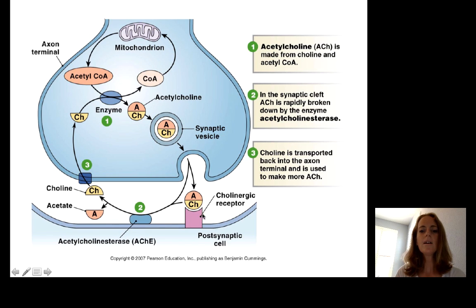This is a visual of the enzymes involved in the acetylcholine recycling. So here's acetyl-CoA and choline being combined to make acetylcholine and put into the synaptic vesicles.